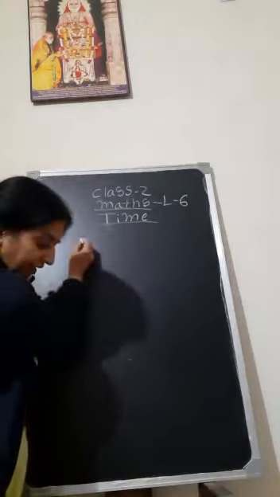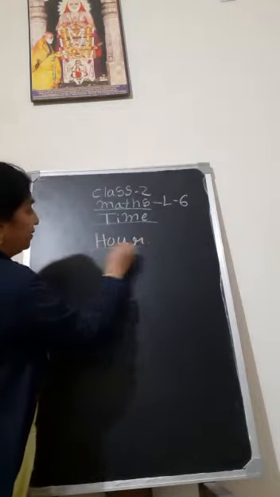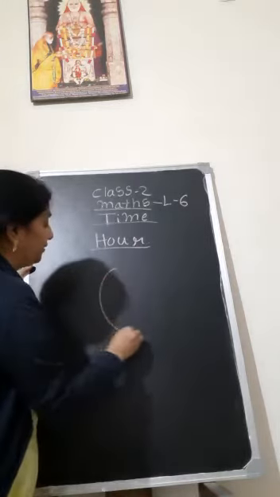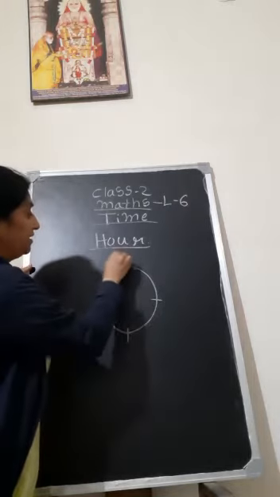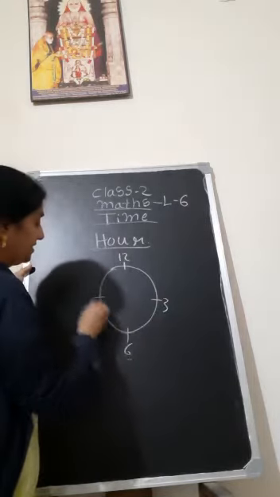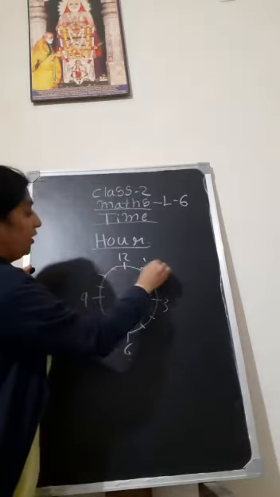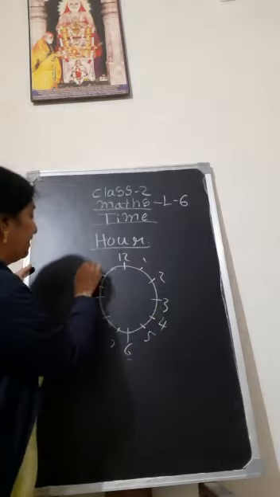Okay, so today we are taking hour. So how will our clock show that? For example, I told you this is our clock. 4 parts are there: 12, 3, 6, 9, and 1, 2, 4, 5, 7, 8, 10, 11.